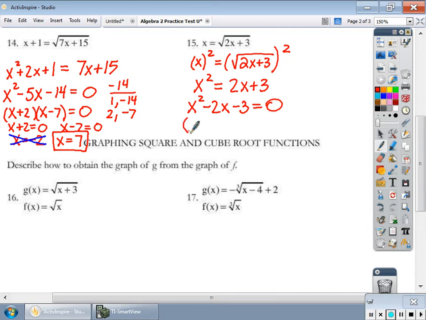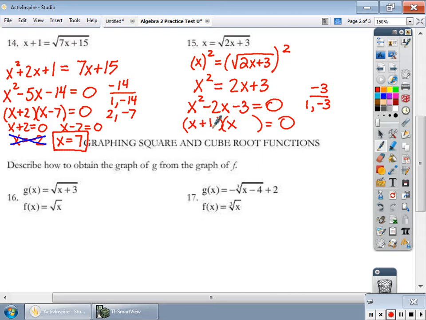So once again, we have to factor. Factors of negative 3 that add up to negative 2. Well, once again, the middle number is negative, so the larger of the two numbers will have to be negative. So 1 and negative 3 are our only options here. And when you add those together, it makes negative 2.